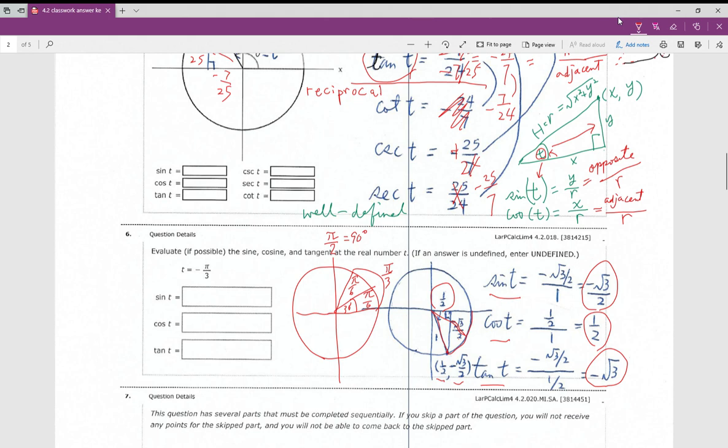And the cosine is the x coordinate, that's positive. Okay, and then tangent will be y over x. Y is negative, x is positive, and you simplify, so you have tangent.